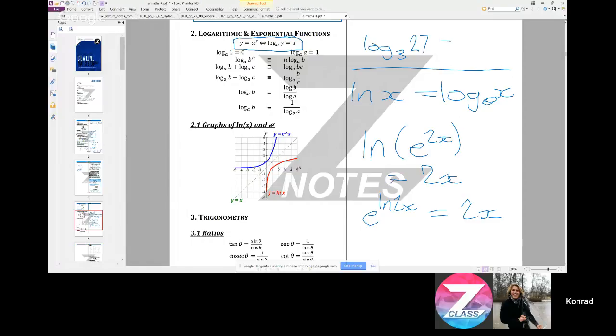Okay. Other than that, I don't know. What about ln makes it confusing to you in questions? Which part of it do you get stuck on? I don't know.